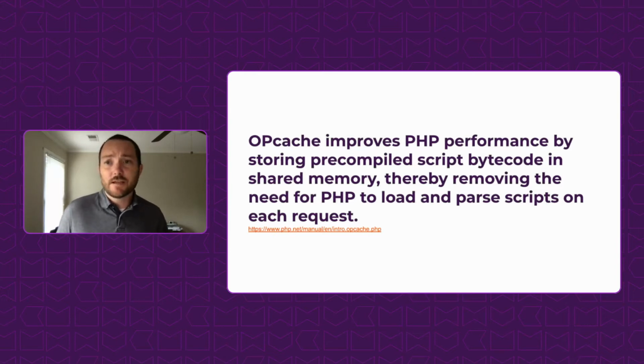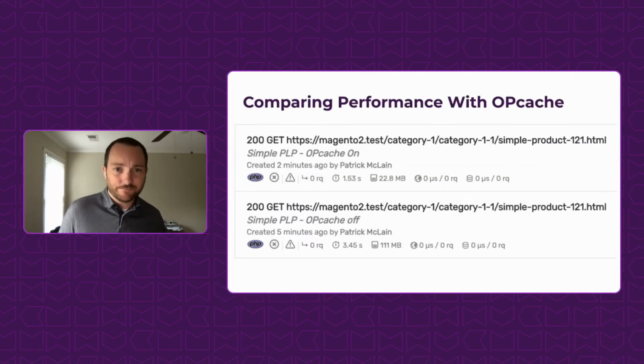Let's take a quick look at what happens with op cache enabled for a standard page load. This is not scientific by any stretch of the means. There's a lot of research that's been done, very good benchmarking by people much smarter than myself.